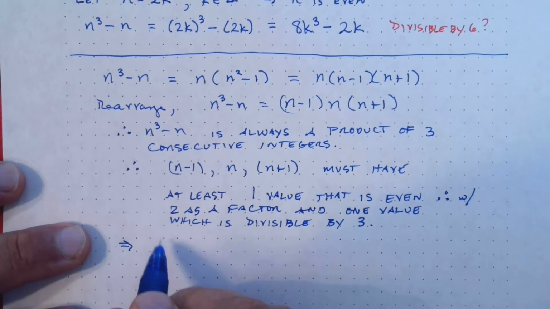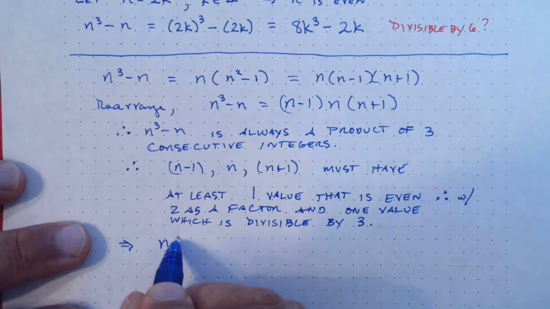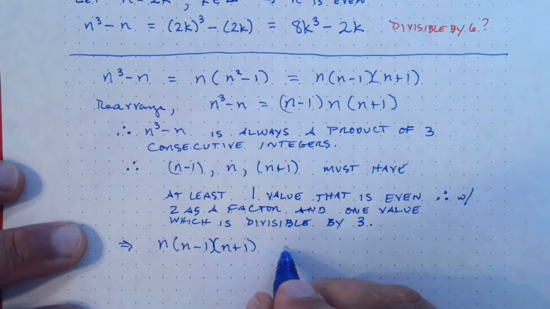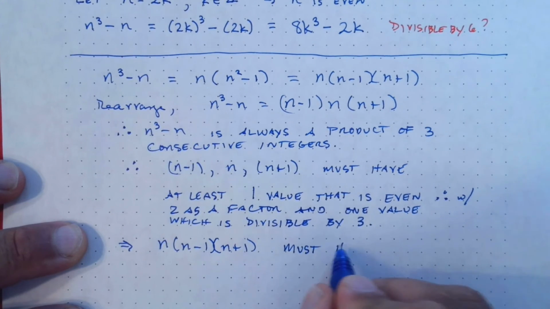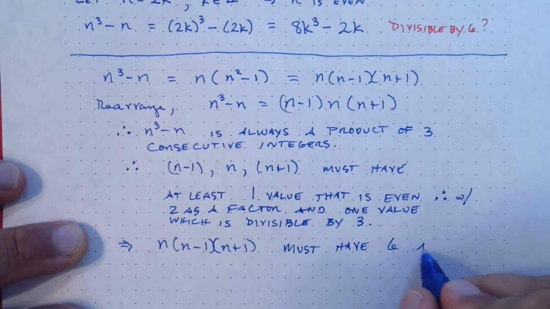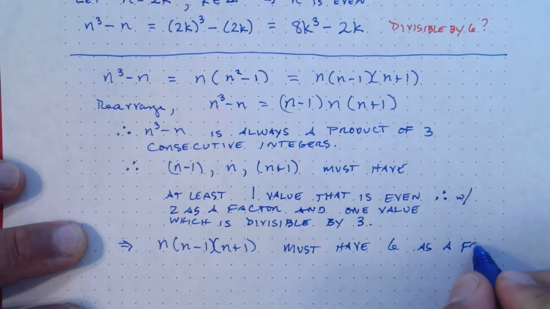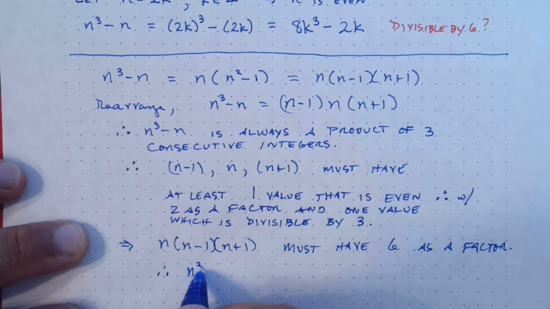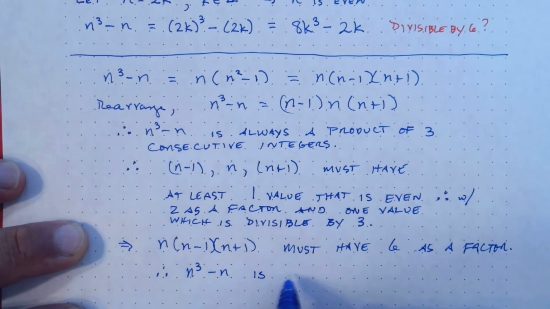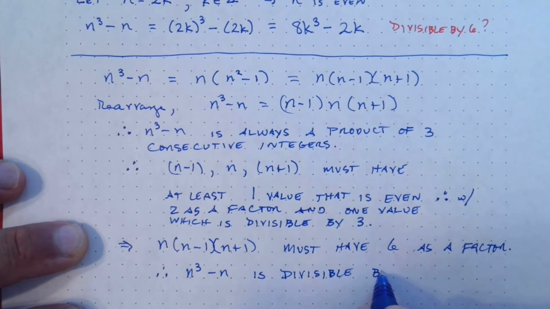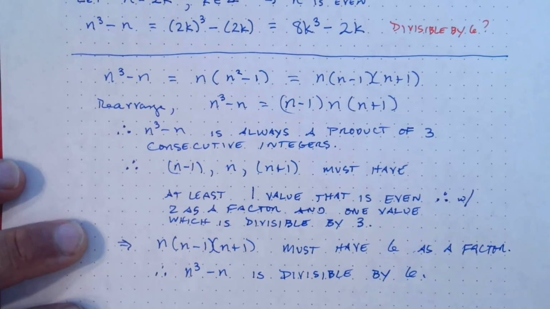So that implies that n times n minus 1 times n plus 1 must have 6 as a factor. So therefore, n cubed minus n is divisible by 6.